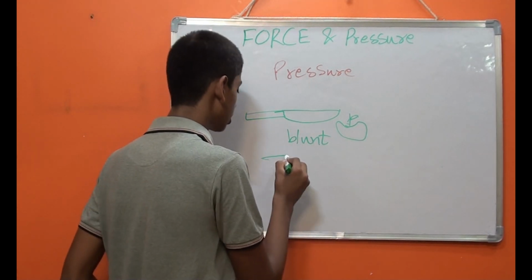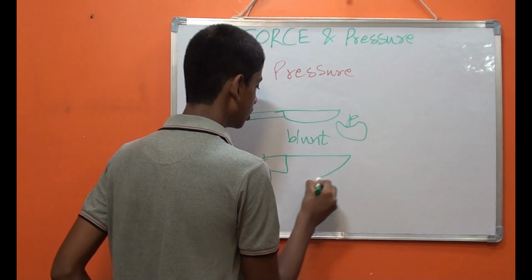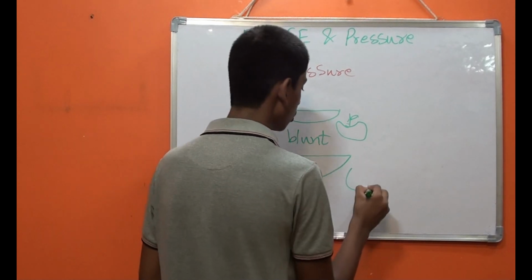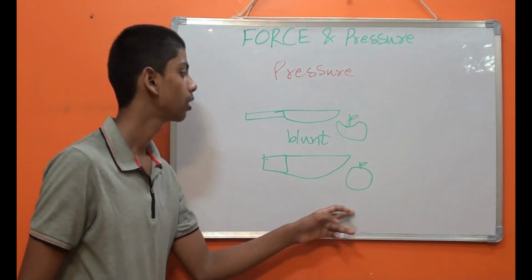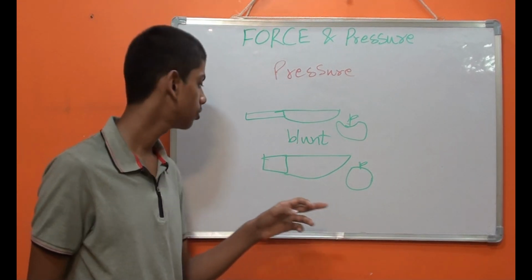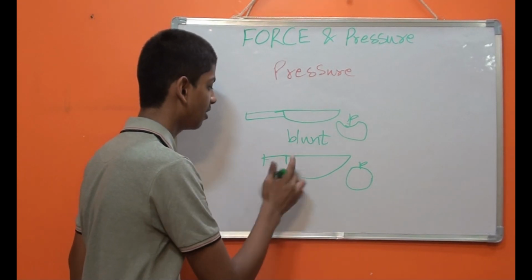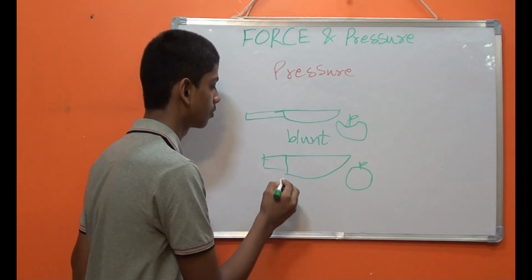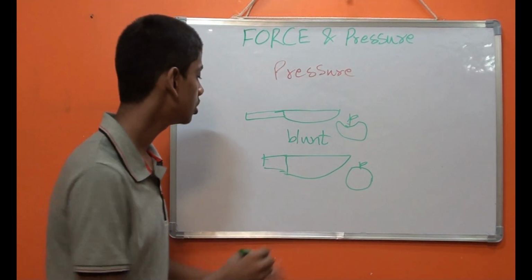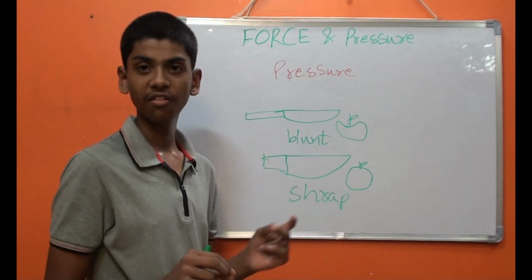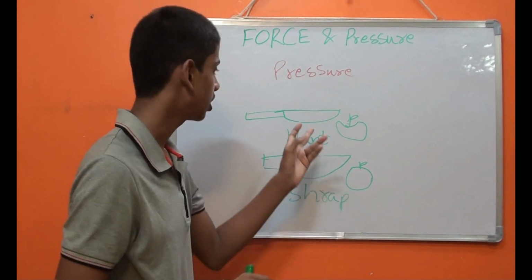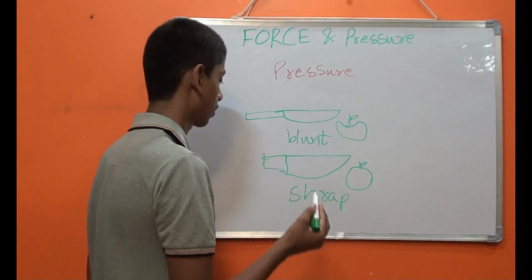Now let's take another knife which is very sharp. You try to cut an orange, it would cut easily. Then you have to put in less effort. Now this is sharp, and the blunt knife has a larger area compared to this one.